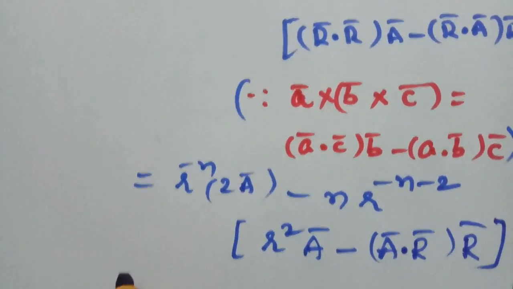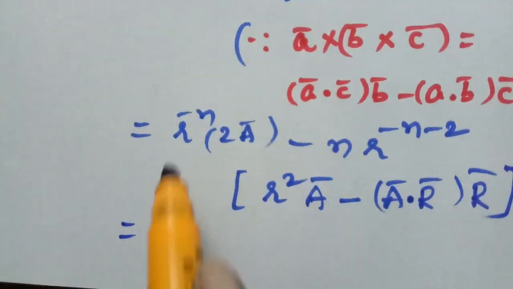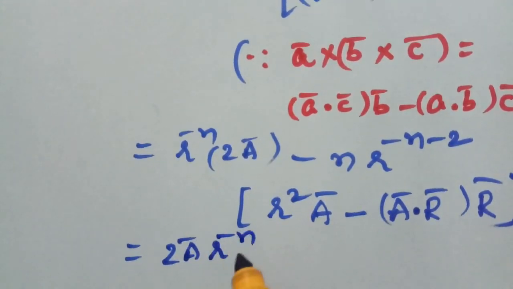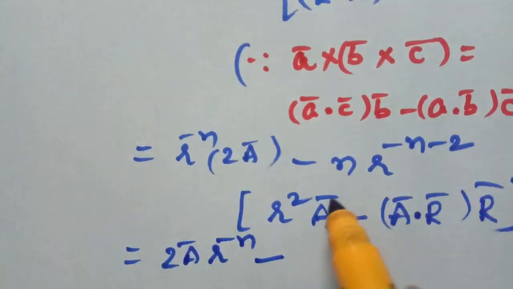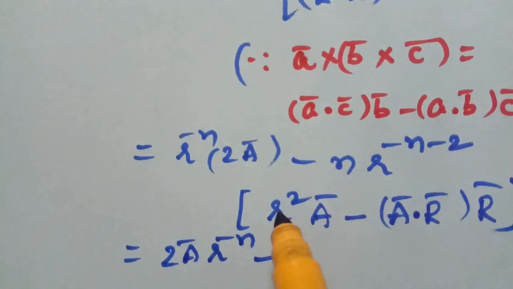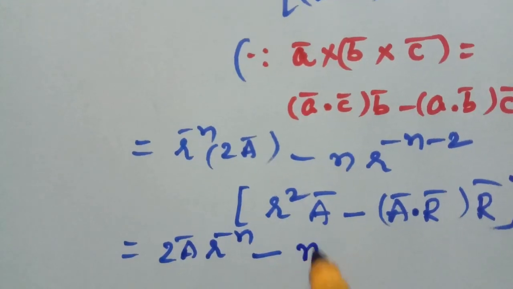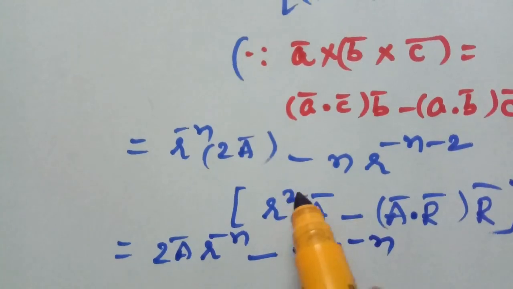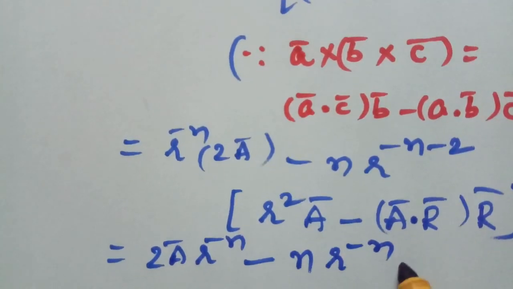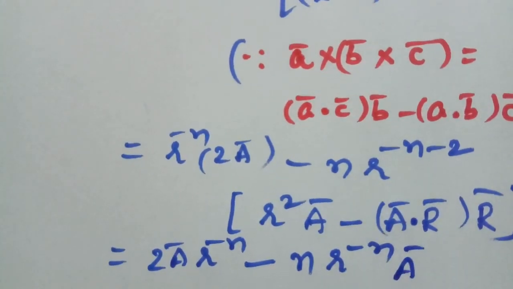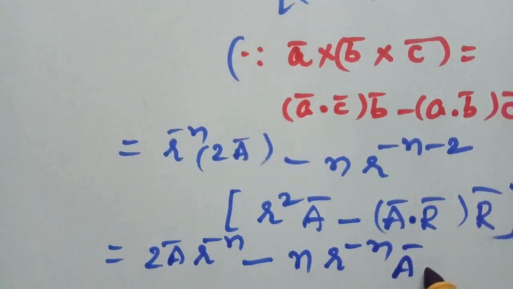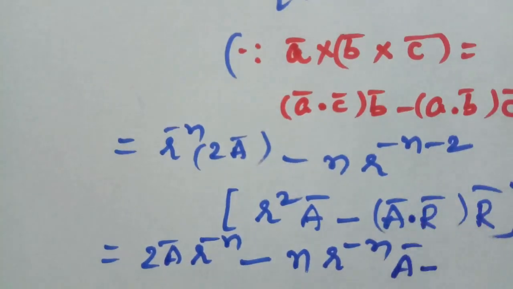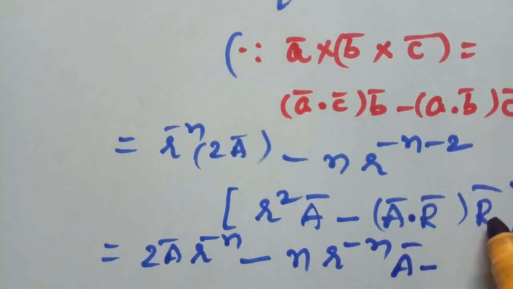Therefore, again, this can be simplified: 2a bar into r power minus n, minus n into r power minus n minus 2 into r square, that is n into r power minus n minus 2 plus 2, the 2 cancels, into a bar, minus n into r to the power of minus n minus 2 into a bar dot r bar into r bar.